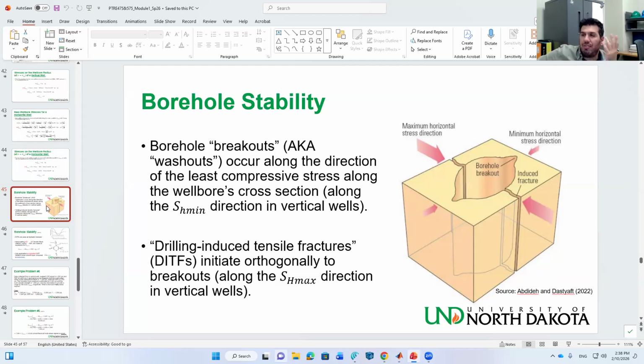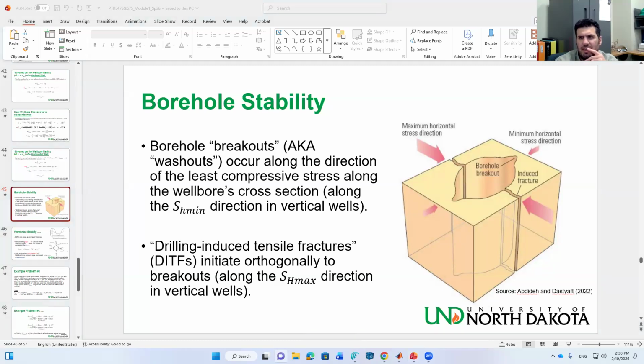The opposite of that is shear failure, which happens at the other angle, orthogonally to DITFs, and we call those wellbore breakout, borehole washout, or wellbore washout. They mean the same thing. And it makes the hole look more oval. So if you see a vertical well that looks oval-shaped, the long side is always along SHmin. For a horizontal section, you need to decide if it's going to be between SV and SHmax, depending on which one is the smallest, the least compressive of the two.